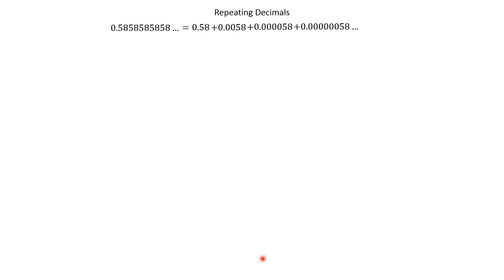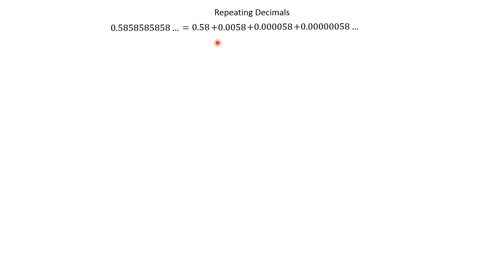So we just keep adding 2 zeros because we have 2 digits that are repeating. That's why it's 2 zeros. If we had 3 repeating digits, it would be 3 zeros each time. If there's only 1, we'd just be adding 1 zero each time. Well, when we're adding zeros, we're multiplying by a power of 10, or dividing by a power of 10. And specifically, 10 to the second, because there's 2 zeros.